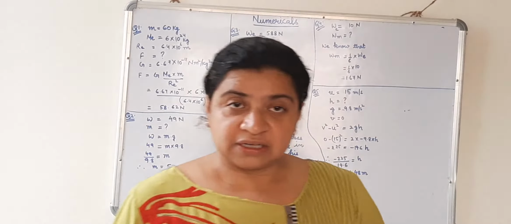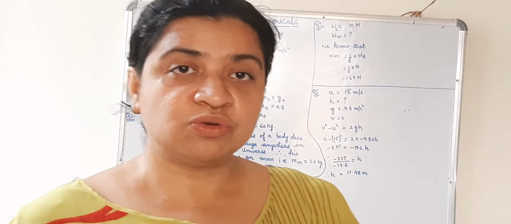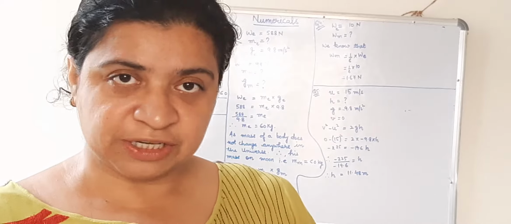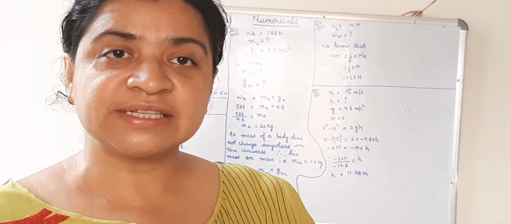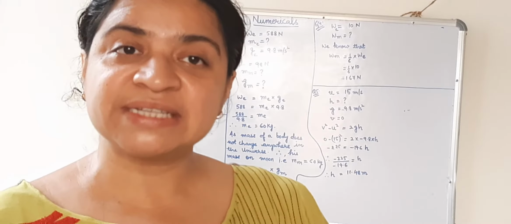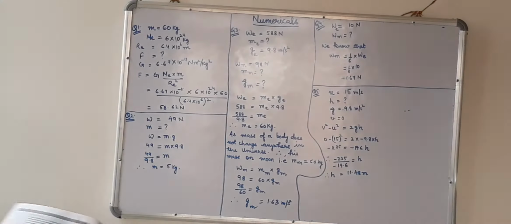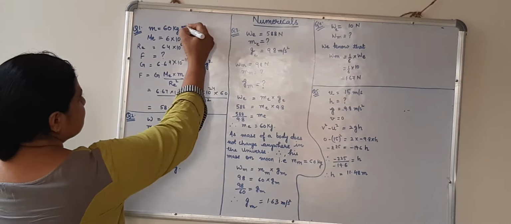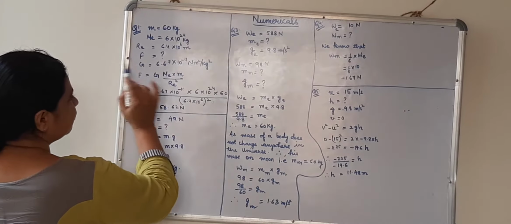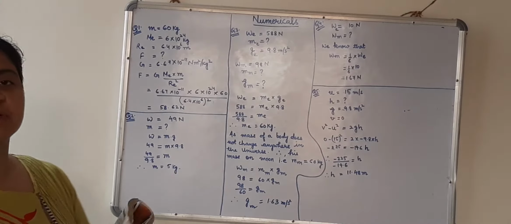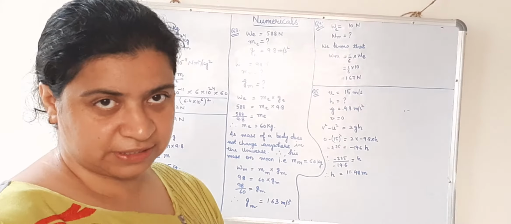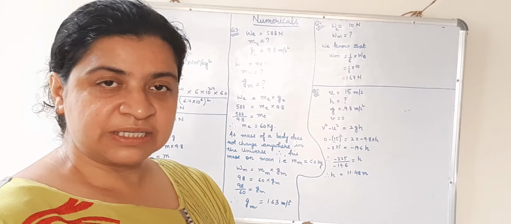Given the mass of the earth is 6 into 10 raised to the power 24 kg. Radius of the earth is 6.4 into 10 raised to the power 6 meter. So we are given the mass of the person, mass of the earth, radius of the earth. We have to calculate the force of gravity or gravitational force acting on the person.